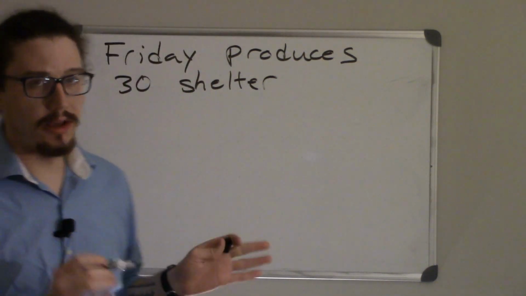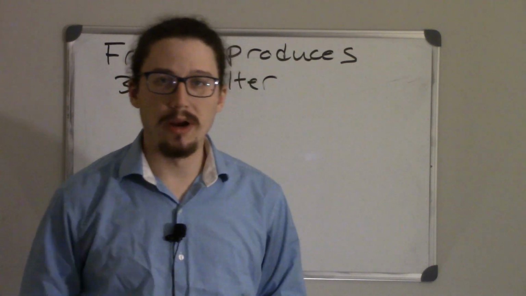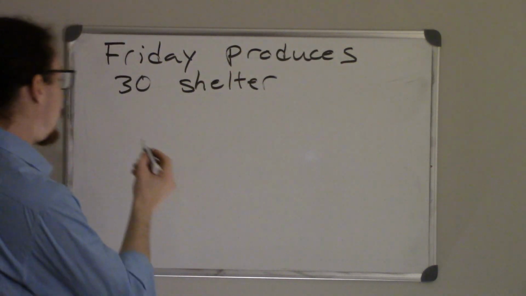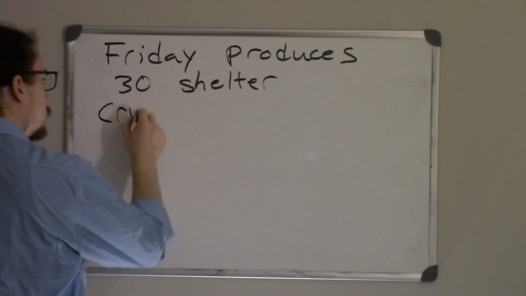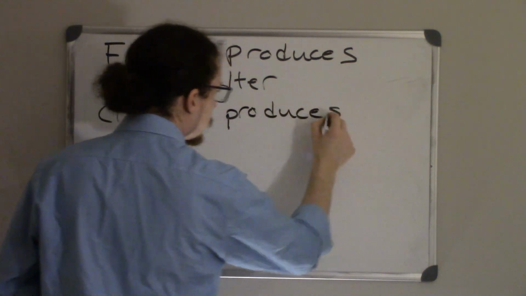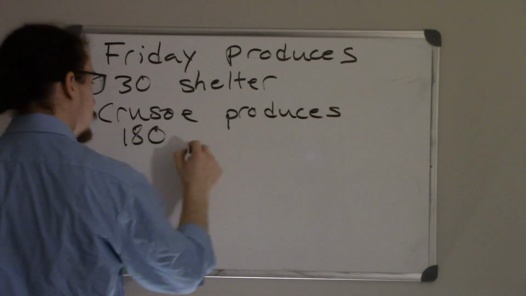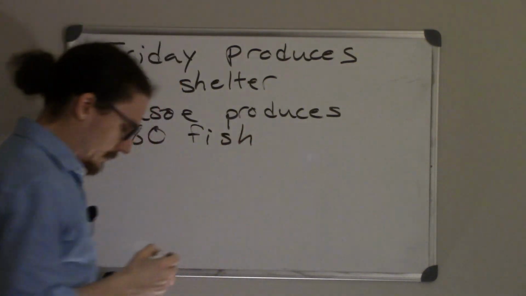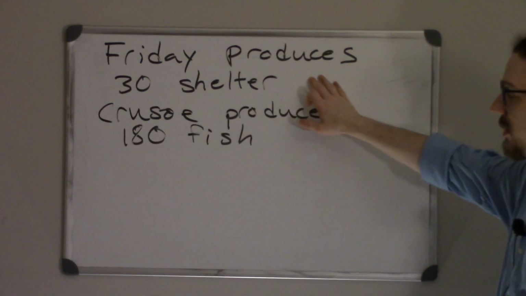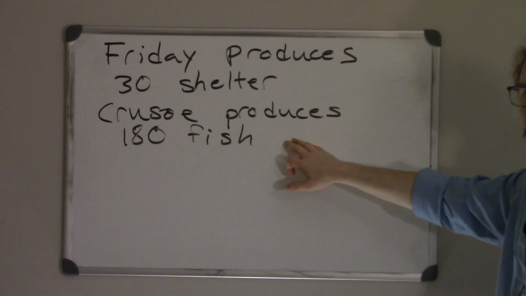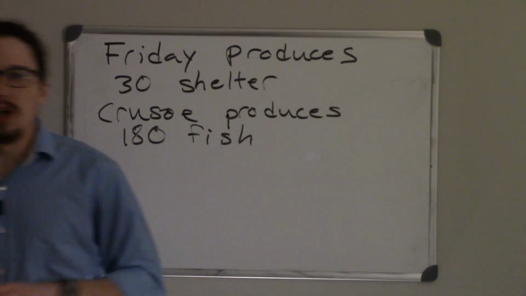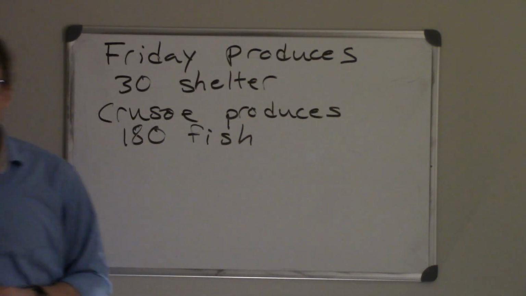Friday is going to produce 30 shelter, and Crusoe, since he has the comparative advantage in fish, is going to spend all of his labor producing fish. So total production in this economy is going to be 30 shelter and 180 fish.